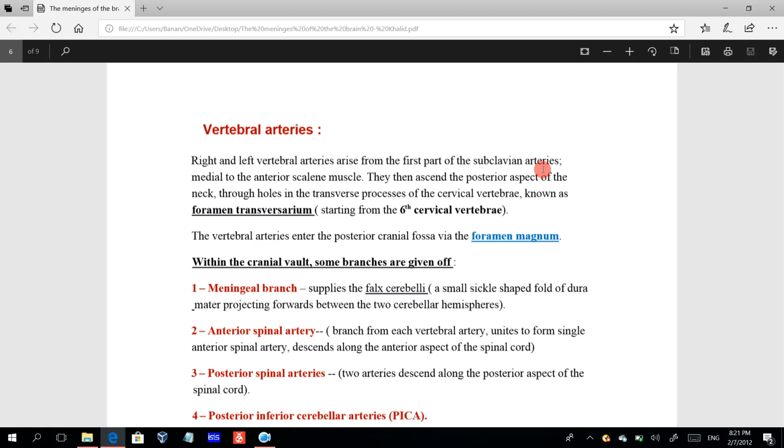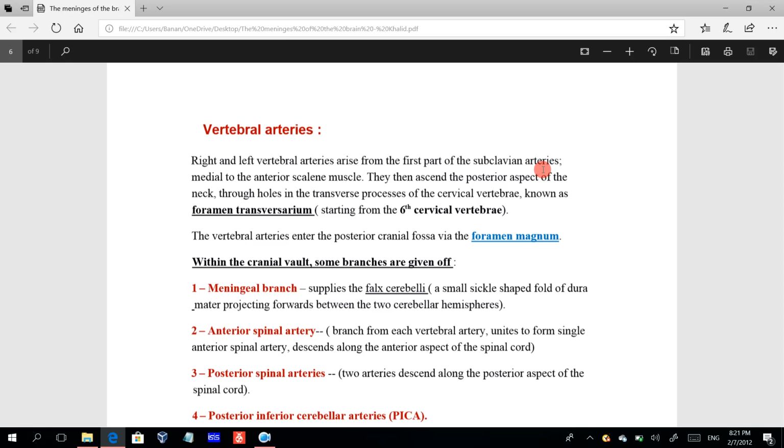Okay? And these arteries ascend upwards medial to a muscle which is called the anterior scalene muscle, one of the muscles of the back of the neck, which arises from the transverse processes of the vertebrae.